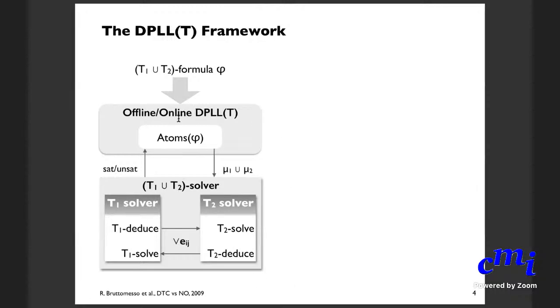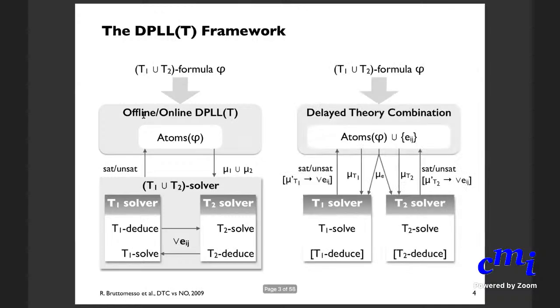So here, there is an online version which integrates the solver into the DPLL procedure itself. That's what gives you DPLL(T), and why that is more efficient than the black box offline approach is something I will explain.